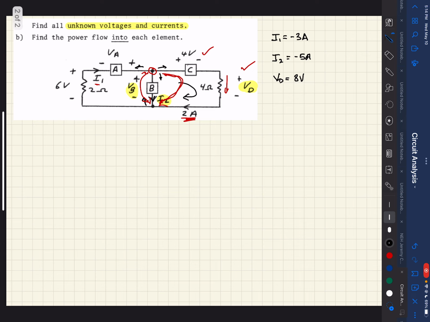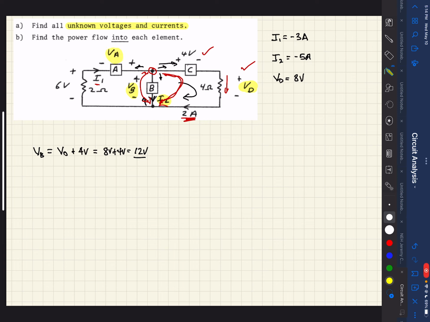So VB should equal VD plus 4 volts. We can see we hit the positive sign first as we're traveling this direction, so it's a plus 4 volts. We know VD, we said over here, is 8 volts, plus 4 volts, and so that gives us 12 volts. So now we know what VB is. And so finally, the only unknown we have is this VA.